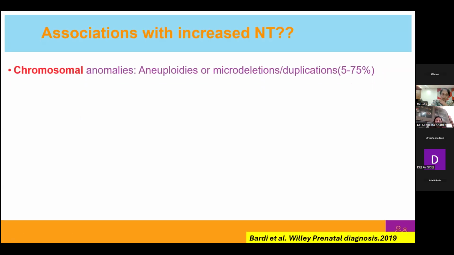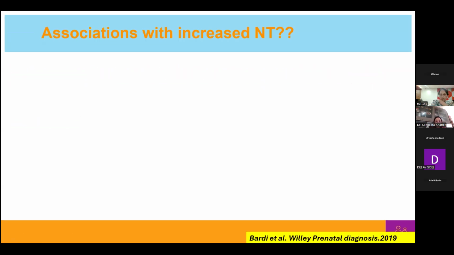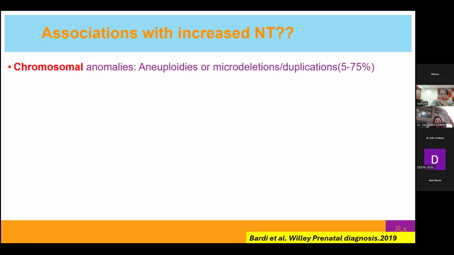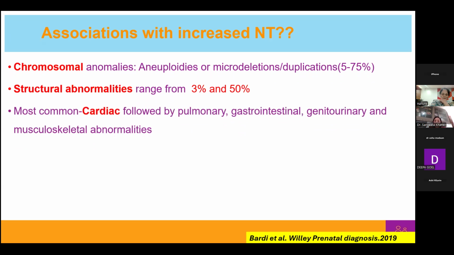First of all, I will discuss the associations with increased NT. They can be chromosomal abnormalities, that can be aneuploidies or microdeletion and duplication syndromes, in 5 to 75% of the cases. They can be structural abnormalities that range from 3 to 50%. The most common structural abnormalities are cardiac, followed by pulmonary, GI, GU, and musculoskeletal.